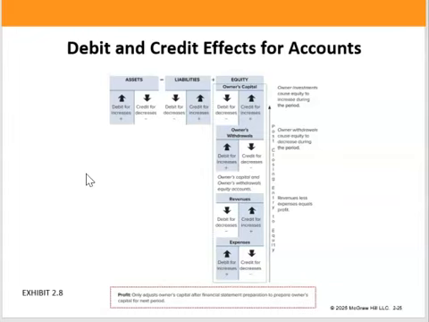Here you can see how all of the debits and credits affect all of the different accounts. So for example, assets, we know an increase in an asset is a debit, a decrease in an asset is a credit. For liability, an increase is a credit, a decrease is a debit. For the owner's capital account, an increase is a credit, a decrease is a debit.